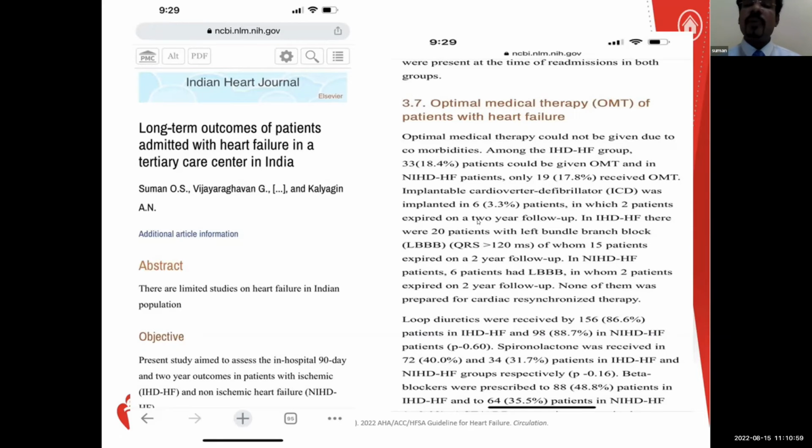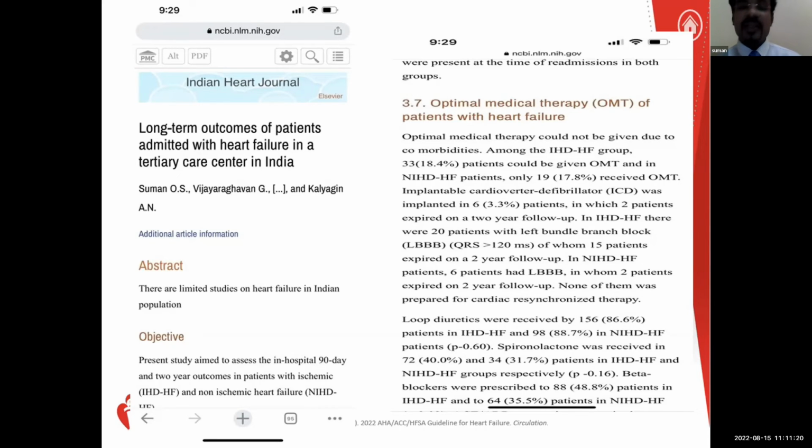We looked at what percentage of patients are getting optimal medical therapy. In the first group only 18.4% and in the second group only around 18%. So only around 38 to 40% of patients got optimal medical therapy because of these contraindications.